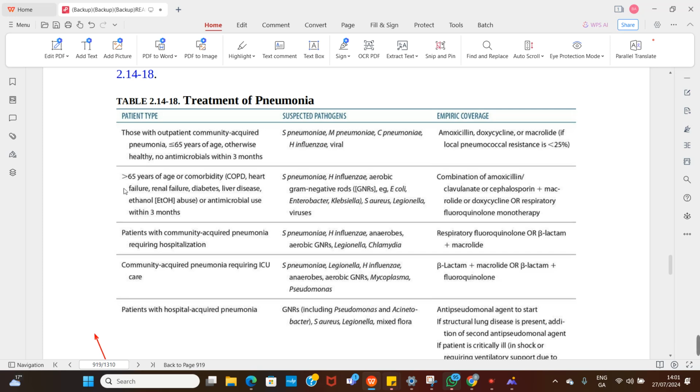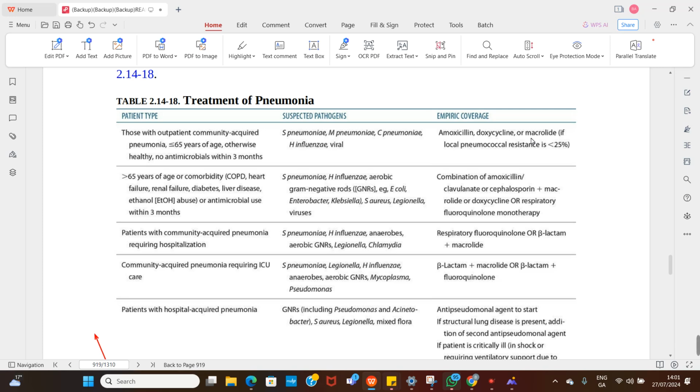And you look at the age, more than 65, or the person has comorbidities like COPD, heart failure, renal failure, any of them, any comorbidity, then you don't give only the MAD. So you have to give a beta-lactam plus a macrolide, or a monotherapy of a respiratory fluoroquinolone. I can assure you, once you can put that at the back of your mind, you can never have a problem with pneumonia.